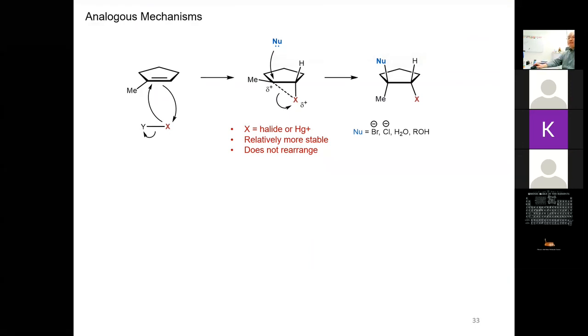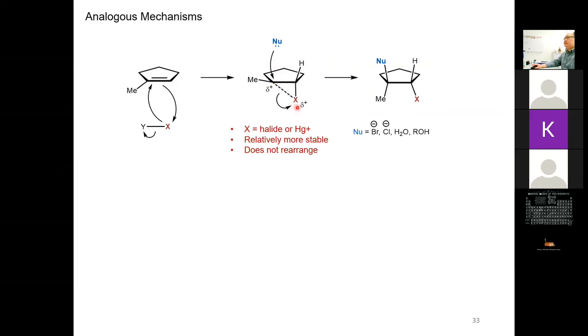All right. So if you have a dihalogen addition, where X is a bromide, or you have an oxymercuration reaction with the electrophile as mercury, with an unsymmetric alkene you will generate a mercurinium ion or bromonium ion that resembles a tertiary carbocation, but it's not a tertiary carbocation.